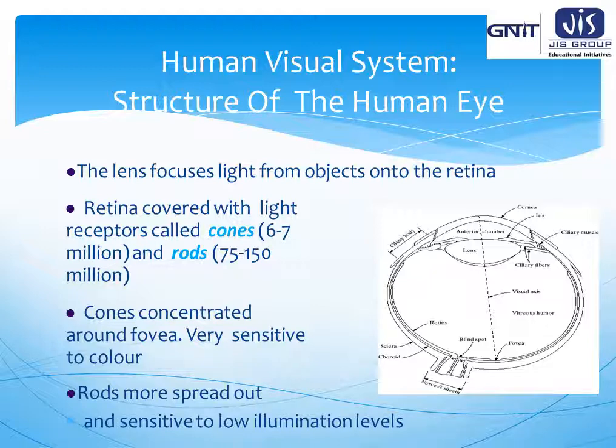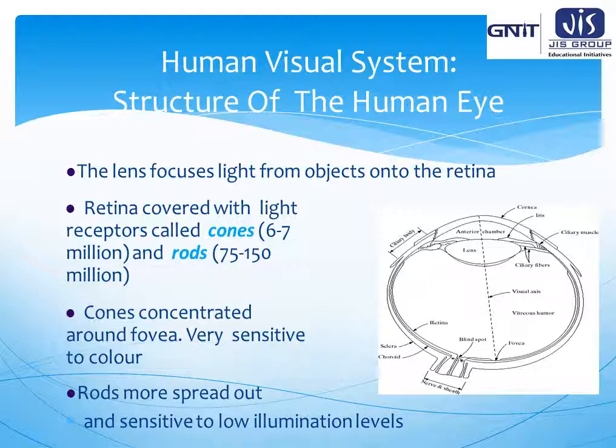So these different portions are there in the case of a human eye. This is the two-dimensional image of a human eye. The lens focuses light from objects onto the retina. The retina is covered with light receptors.